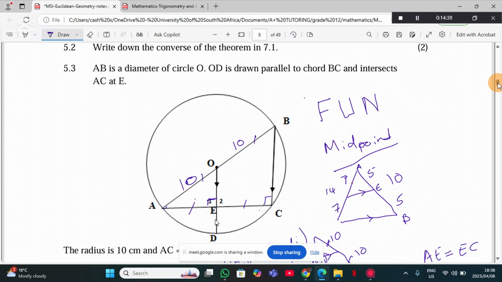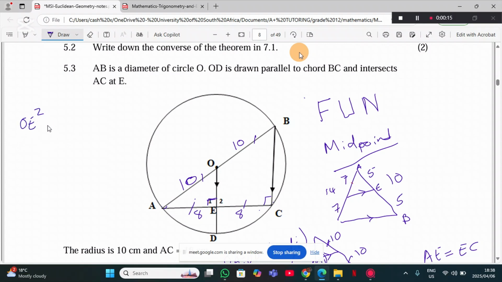We are given the length of EC, which is 16. Since we have proved that these are divided, this is 8 and that's 8. Since I have a 90 degree angle here, I can use Pythagoras to find EO. Once you have found EO, remember that OD is a radius, so you just minus the answer from the radius.